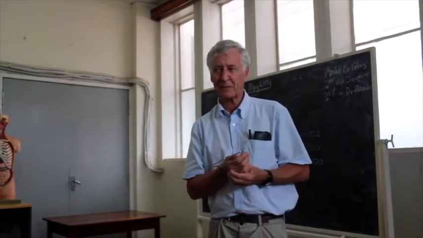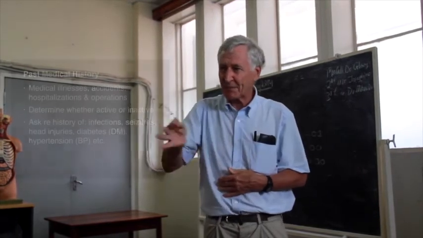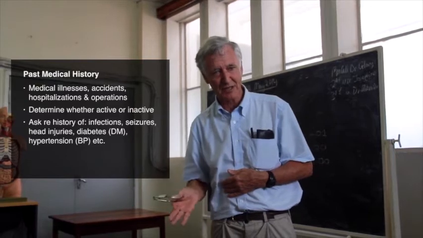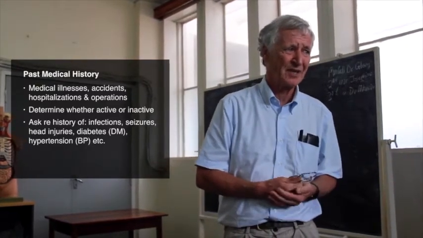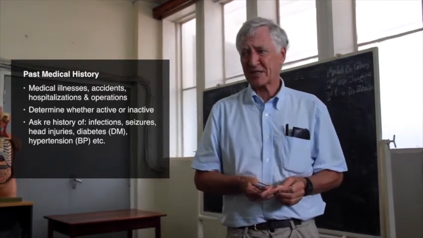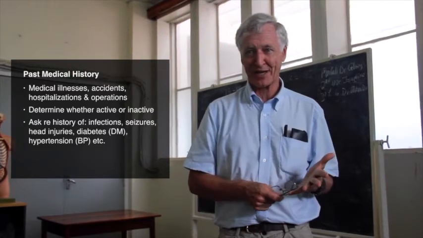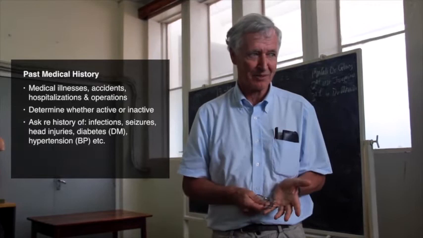Moving on to the next part of the history taking is past medical history. And then we have the same paradigm: past medical history, family history, social history, drug history, allergies. Now, is there something particular in the nervous system about past medical history? Of course there is, specific for neurology. For example, with epilepsy, there may be a risk factor there, like a head injury or an infection in childhood.